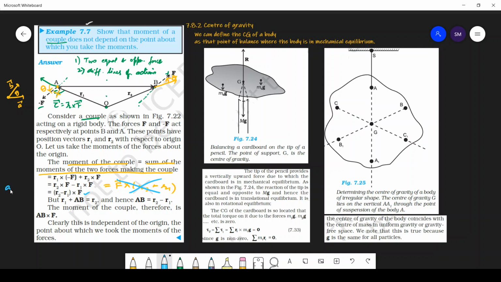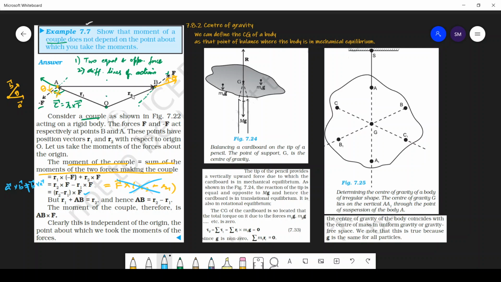You know that A cross B is not equal to B cross A. The direction is different. Magnitude is same, but direction is different. So this is not multiply, this is cross, because these two are vectors. So cross product. So R2 minus R1.